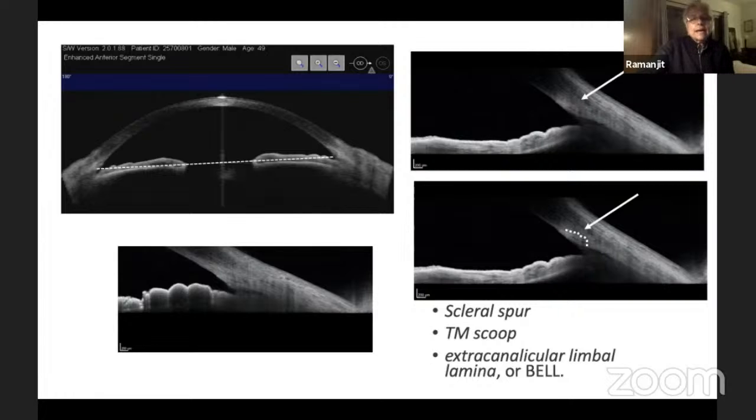When we actually have the high definition images that are now available with swept source OCT, you can see that the entire trabecular meshwork is visible. And there's this little black line over there, which was originally called the trabecular shadow, but has now been labeled the extracanalicular limbal lamina.